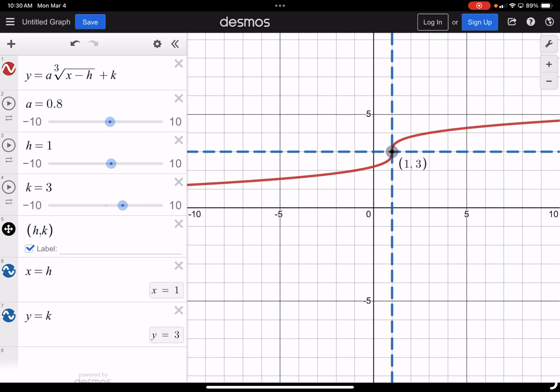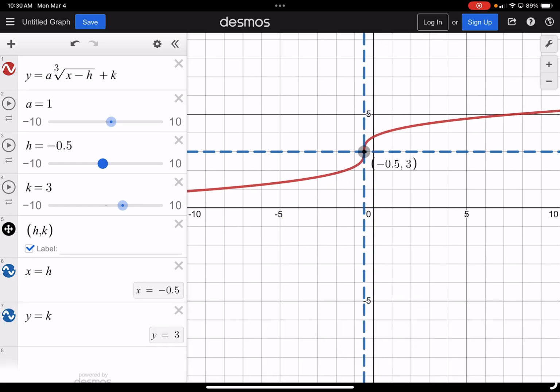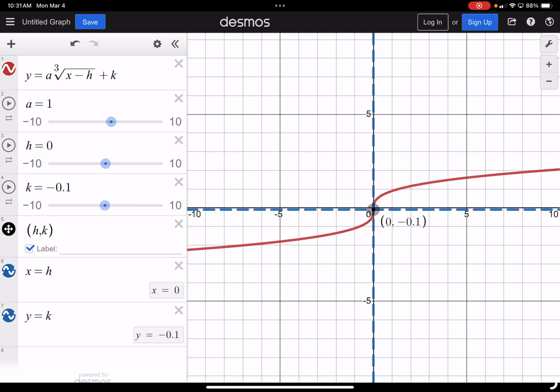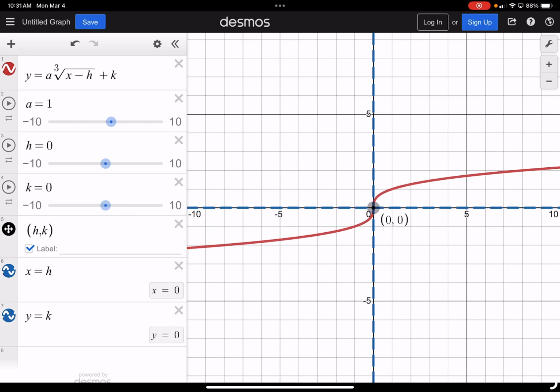Bring a back down to 1. Okay, so this one's going to be a little bit different.